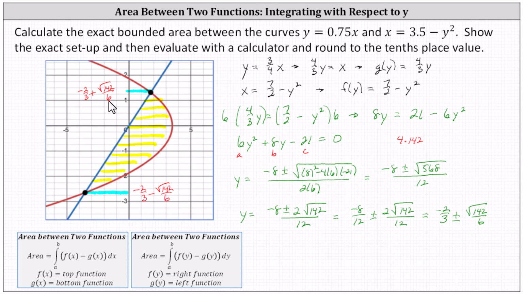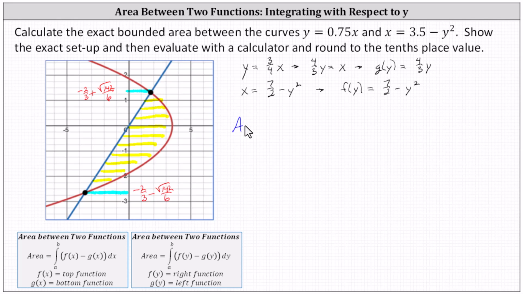The bounded area equals the definite integral from negative 2/3 minus square root 142 divided by 6 to negative 2/3 plus square root 142 divided by 6, where the integrand function, again, is the right function minus the left function, or f of y minus g of y, which gives us 7/2 minus y squared minus 4/3 y dy.